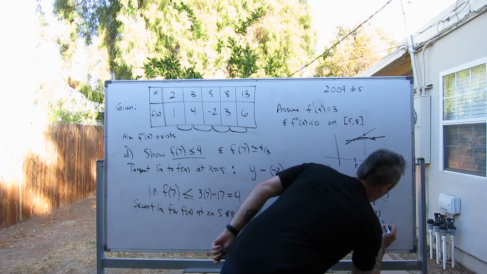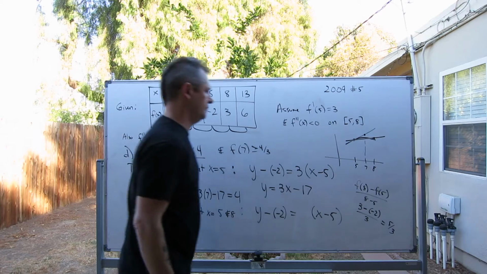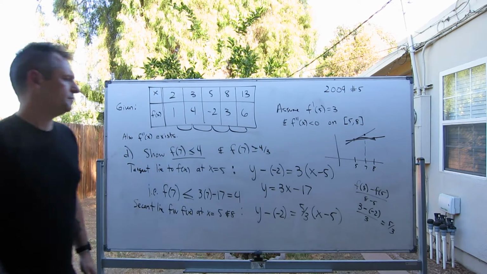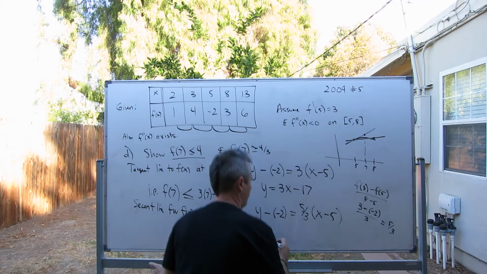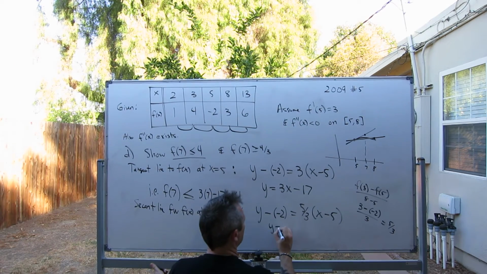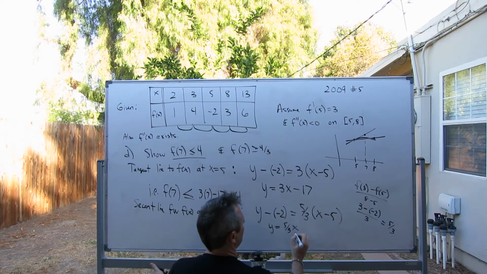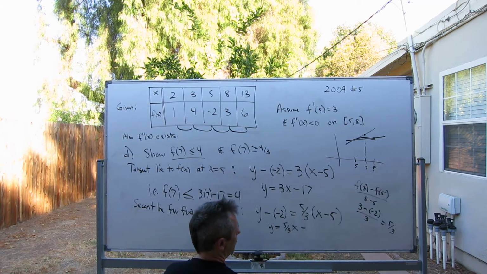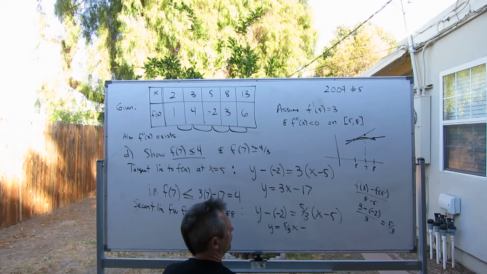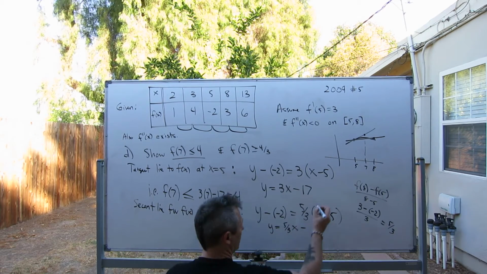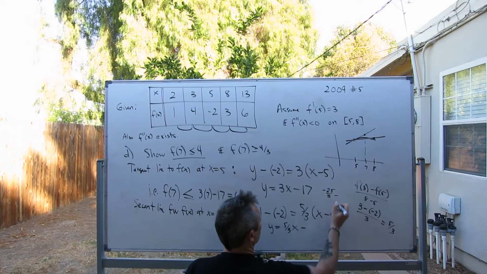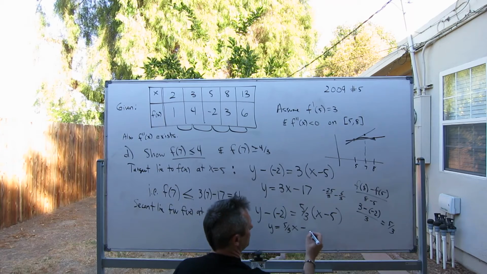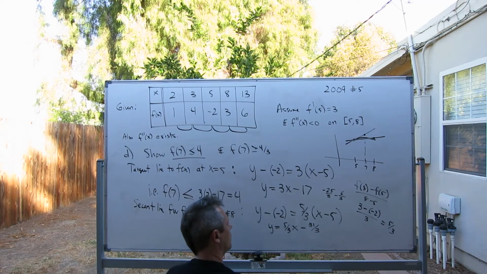So I think I have 5/3. So that's what goes here. Again, simplifying all this up, I think we have y equals 5/3 x minus 25/3 minus another 2. So we have minus 25/3 minus 6/3, which is minus 31/3. Cool?